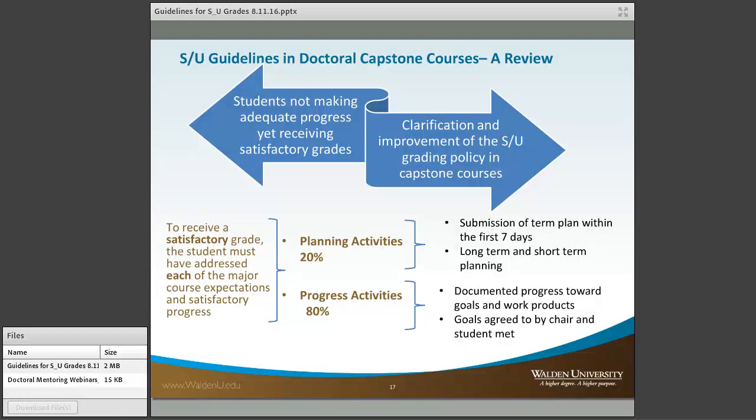And sometimes a phone conversation or video conference is especially helpful for that initial planning call, to make sure it's as meaningful as possible and that they really understand how to develop a good term plan, and that the ultimate term plan is something that you both feel very comfortable with.